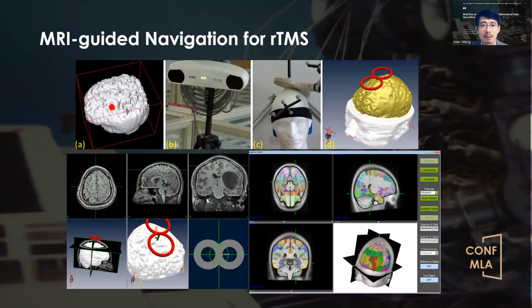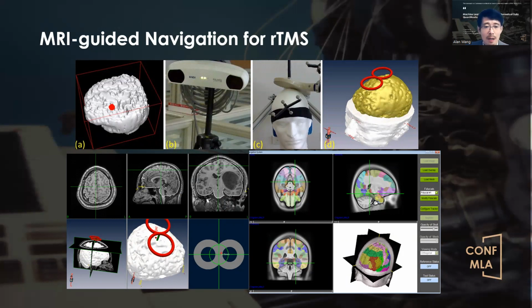Camera-guided navigation is also very useful for intervention. For example, in our TMS treatment, we can incorporate the personalized images, which can be CT and MRI, and we can also incorporate the brain Chinese atlas to improve the stimulation accuracy.